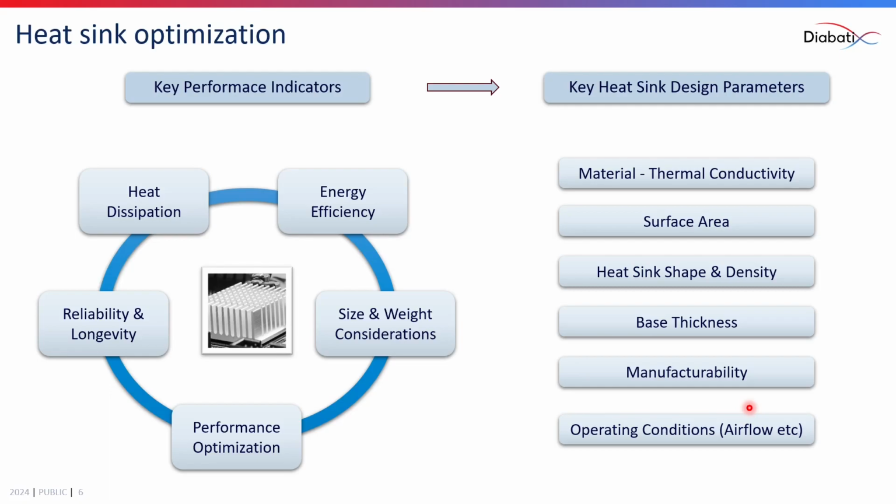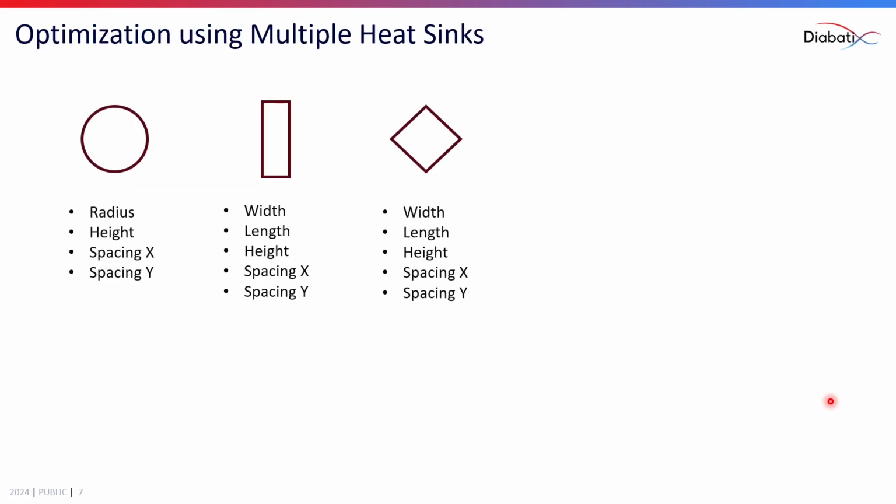Now let me take a moment and talk about the real problem associated with heatsink optimization. As I mentioned, there are n number of variables associated with these heatsink design parameters, and those turn out to be a problem when it comes to the n number of shapes that we need to consider for the optimization. Now let's take an example. Let's say we want to design a heatsink, and there are three different shapes available for the optimization.